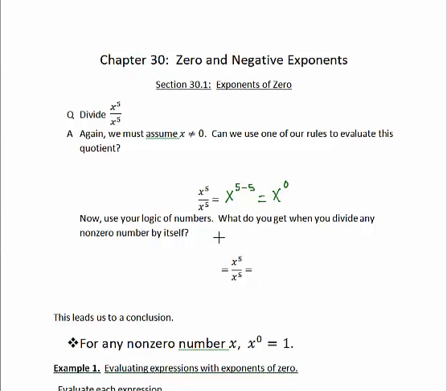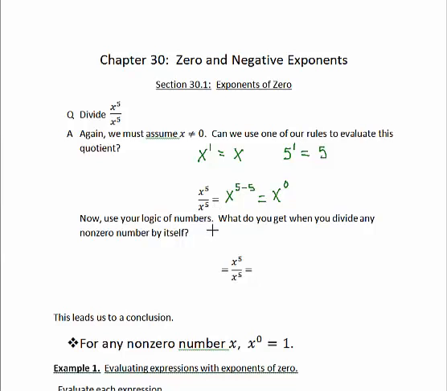So how do we interpret this? We know that anything raised to the first power is just itself, and that applies to variables and to numbers as well. 5 to the first power is just 5. If an exponent isn't written to the upper right of a number or a variable, then it's understood to have an exponent of 1.